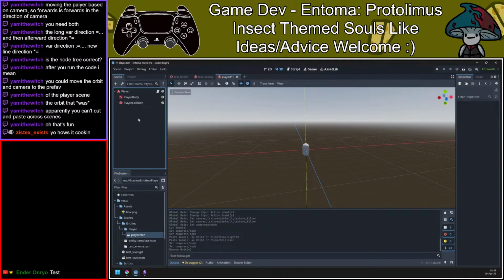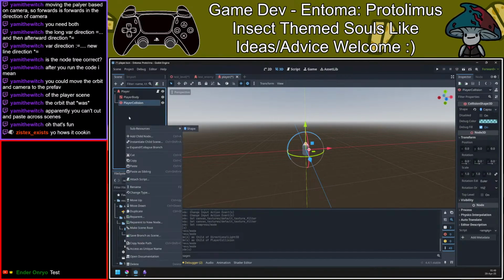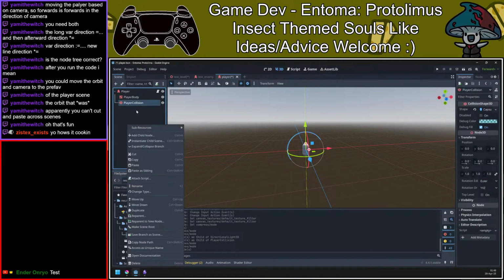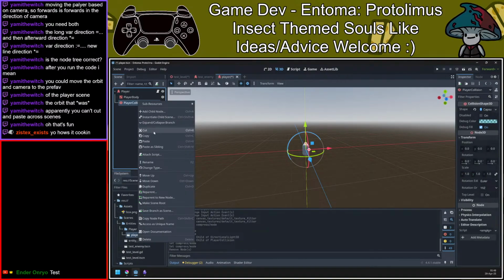So, you can't cut and paste a node. Interestingly, you also can't right-click to bring up the context menu just in the node tree. You have to actually right-click a node directly. Wait. Oh, okay, no, you have to have a node selected. I guess that's fair, because this stuff is relevant to a specific node.